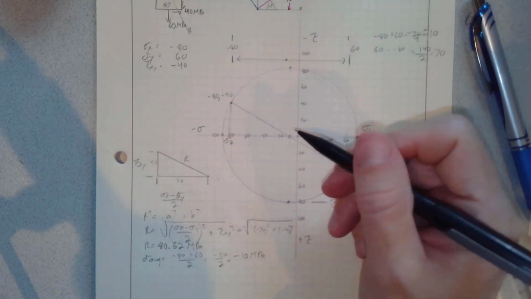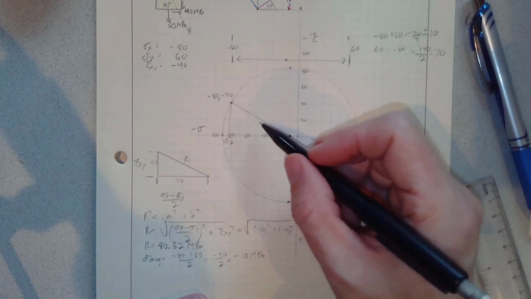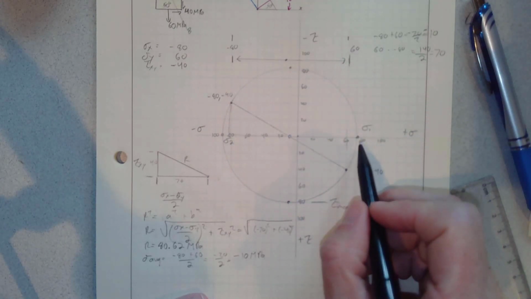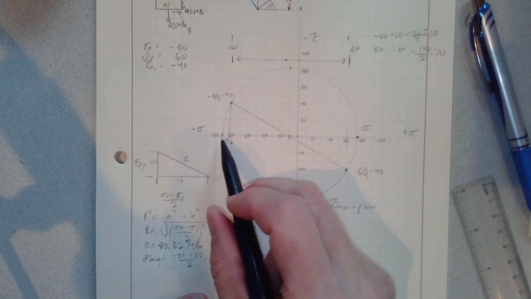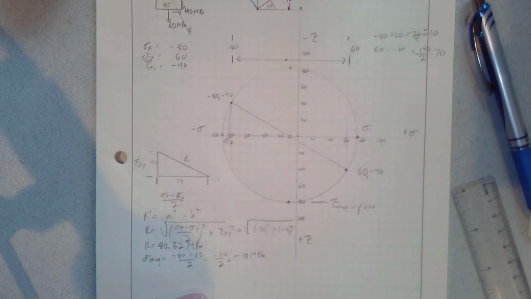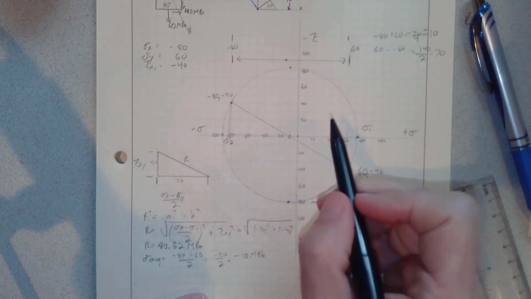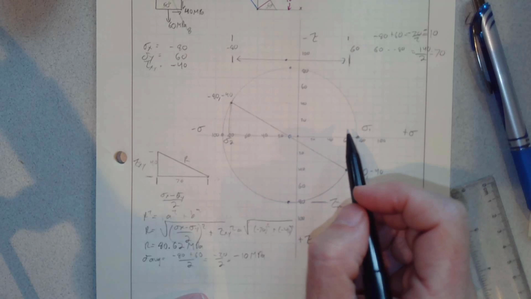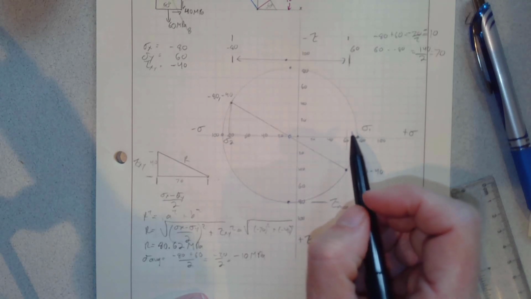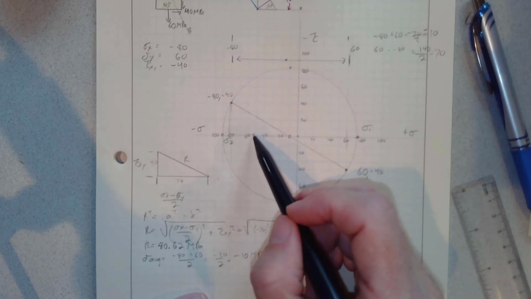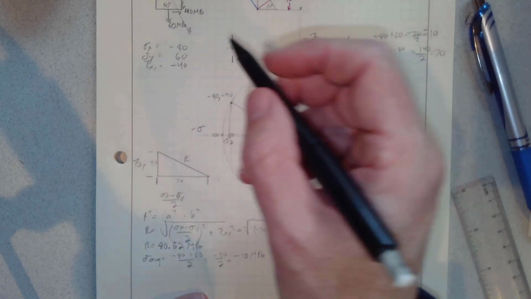A couple things to talk about with Mohr's circle when we're looking at angles. If you look at Mohr's circle, you can see that sigma 1 and sigma 2 are located 180 degrees apart from each other on Mohr's circle. Thinking about what they represent, we know that in real life, the normal stresses are always 90 degrees apart from each other. So for Mohr's circle, any angle that you measure on Mohr's circle is twice what the angle is in real life. Let's think about that.